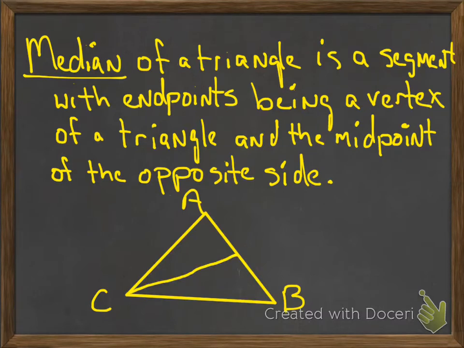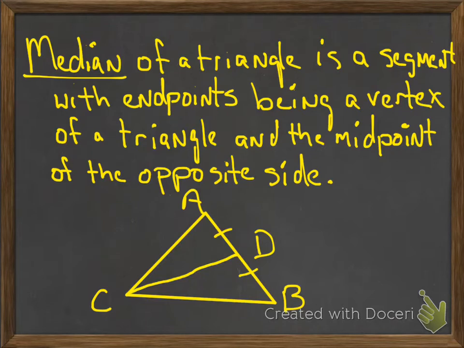We'll call that point D. That point D is the midpoint of AB, such that AD and DB would be equal. Then that is what is called a median.